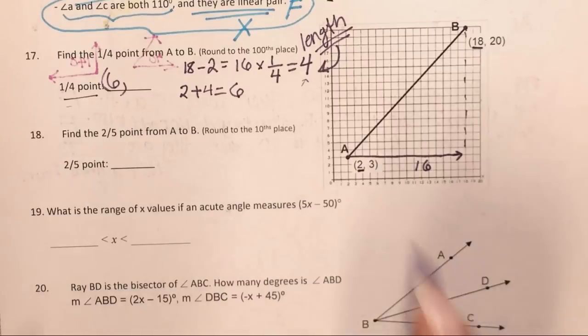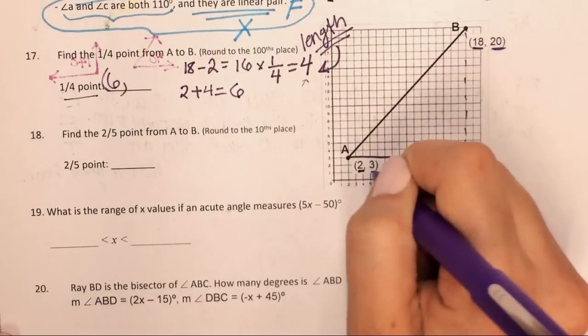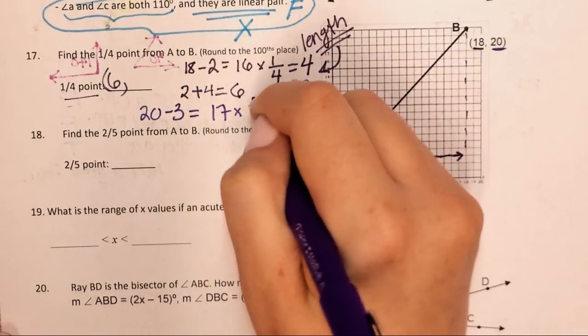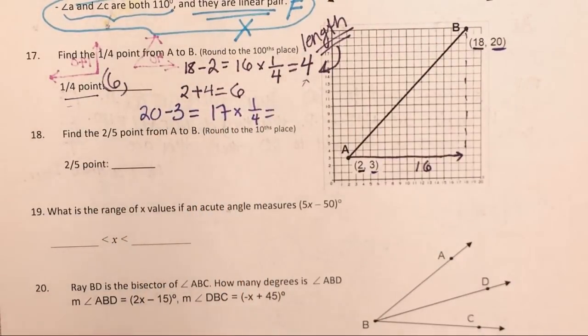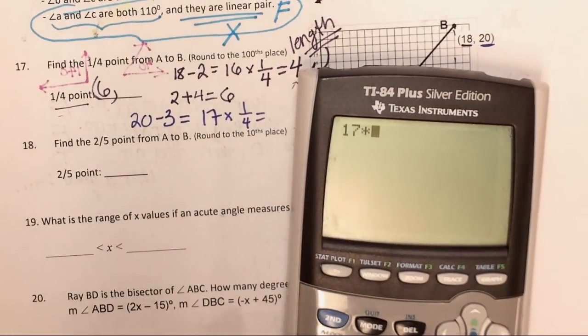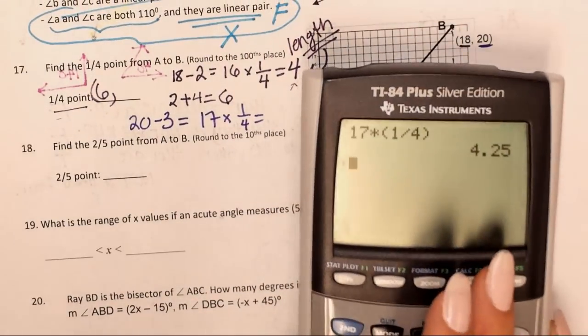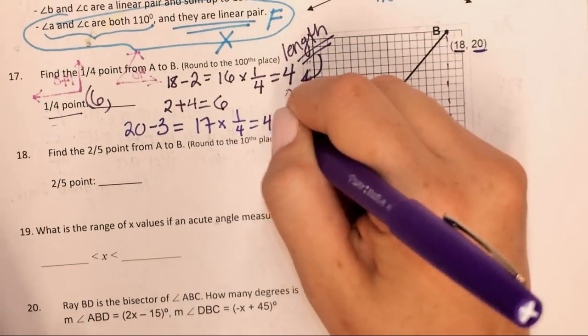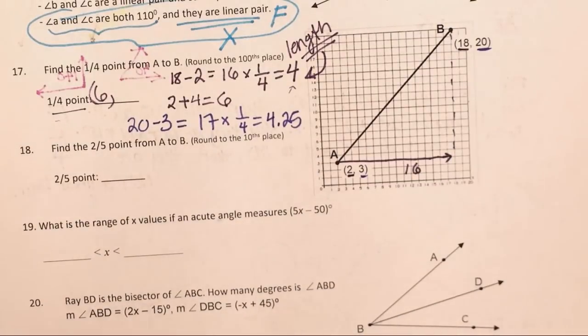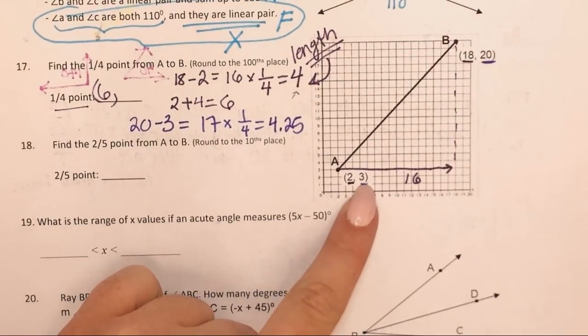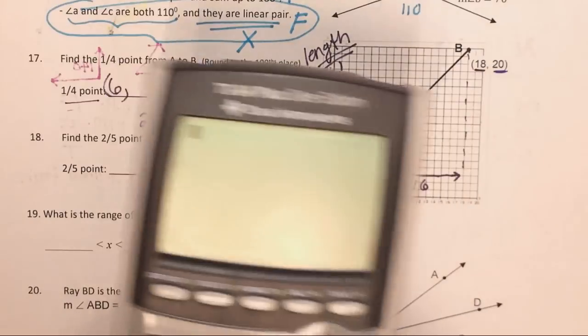For the y values, 20 minus 3 gives me 17, times 1/4 gives me about 4.25. So I need to take that 4.25 and add it to where I started, which was 3.